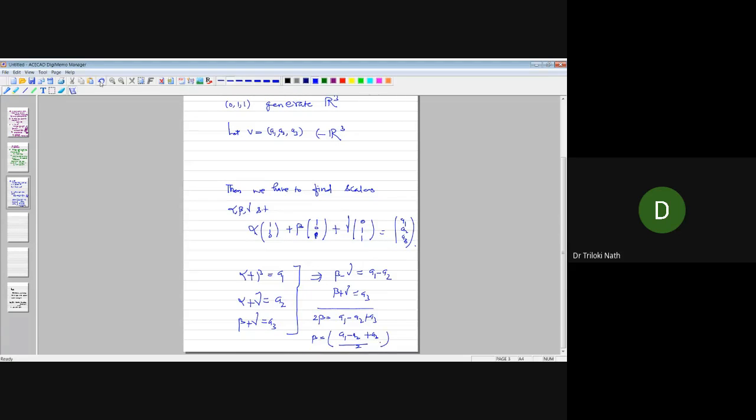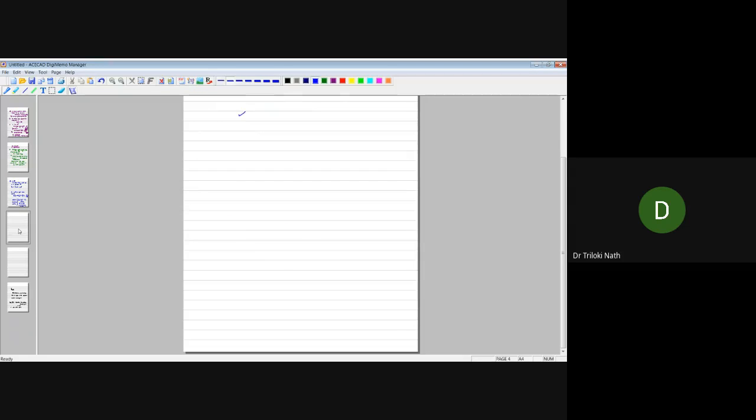If you observe the symmetry, you will get the minus at the place of the second. So similarly, if you solve, alpha is equal to 1 by 2 times (A1 plus A2 minus A3), and gamma is equal to (minus A1 plus A2 plus A3) by 2.